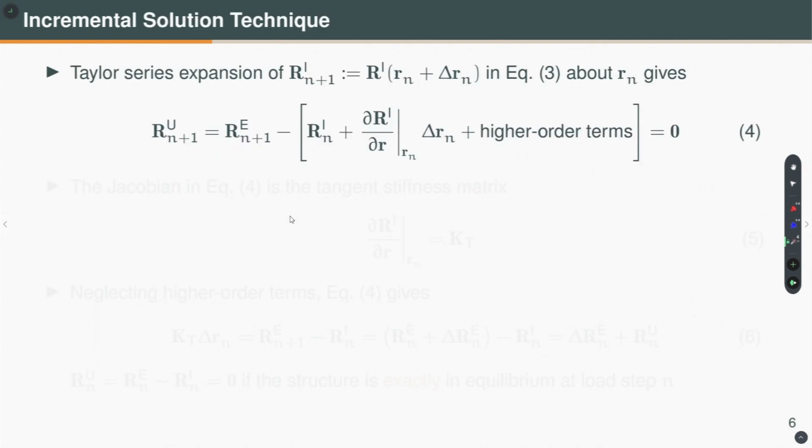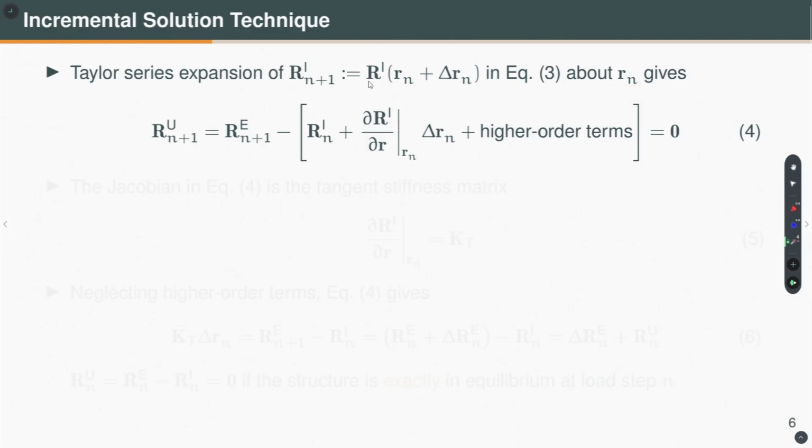Okay. So, the internal resisting force vector at n plus 1 is a function of R n plus 1, which I have written as R n plus delta R n, right. So, this is a nonlinear function. What we can do? We can do a Taylor series expansion of this about R n.